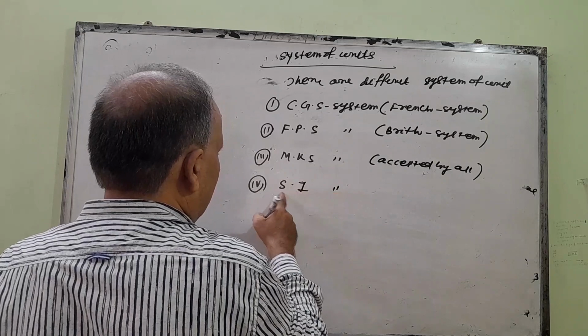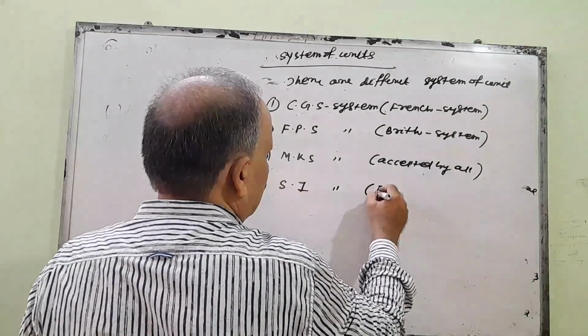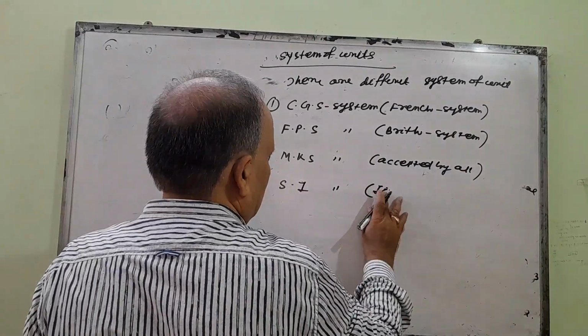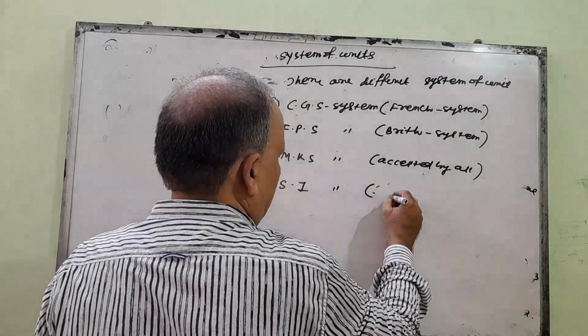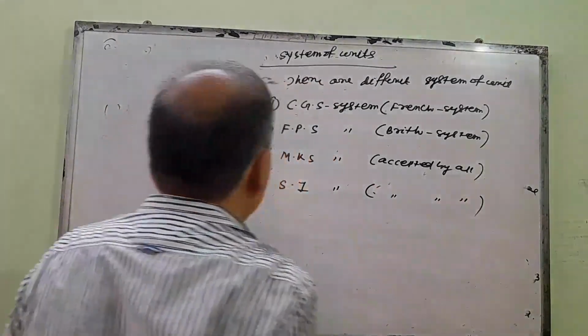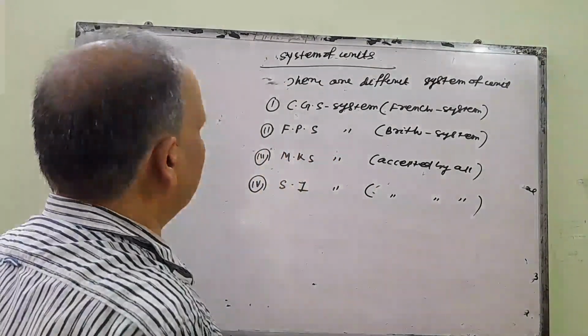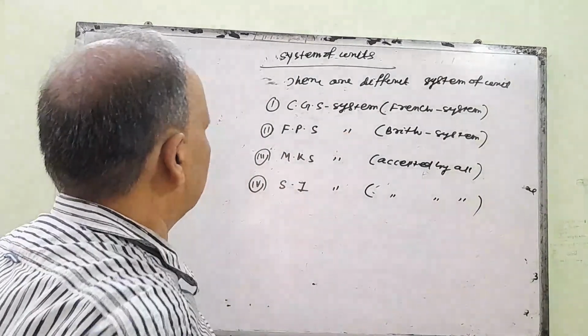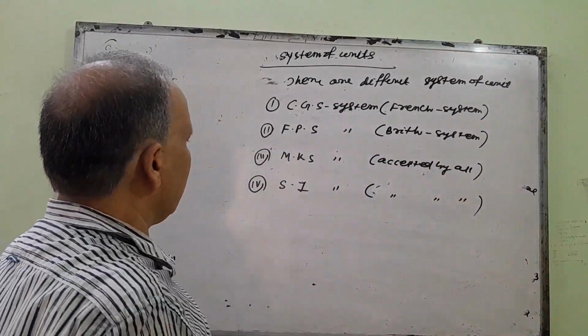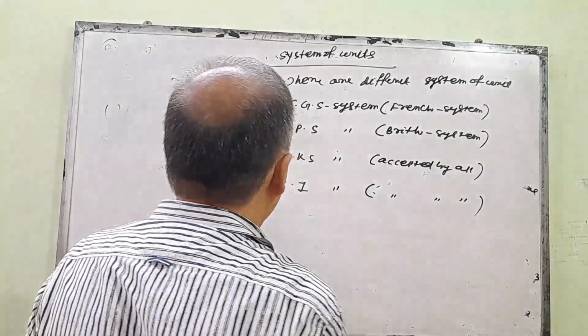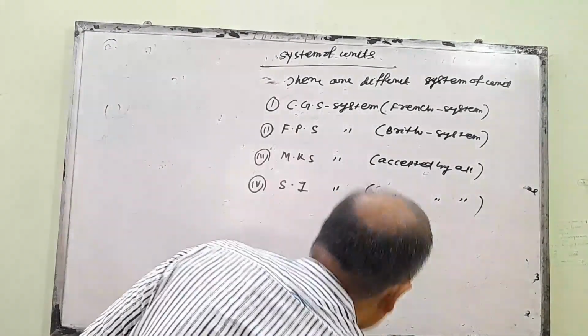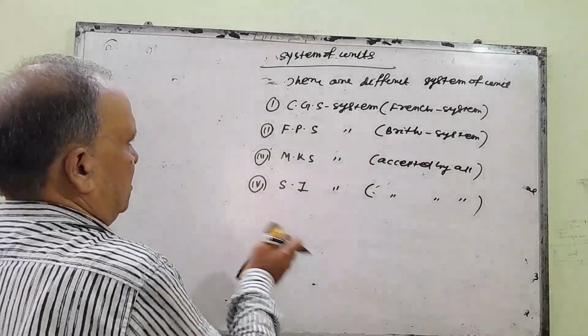SI means international system, accepted by all. There are four types of systems of units: CGS system, FPS system, MK system, and SI.